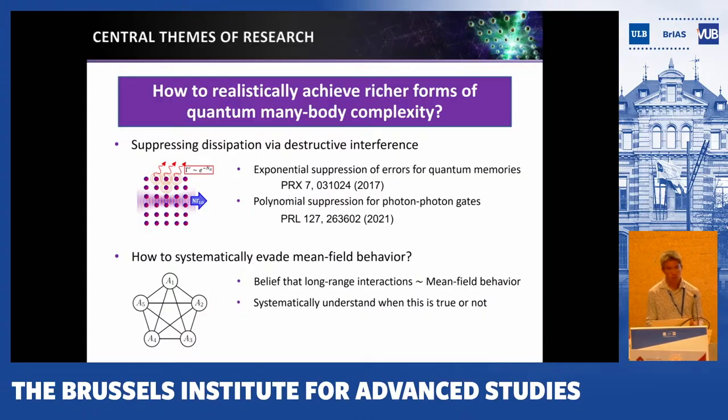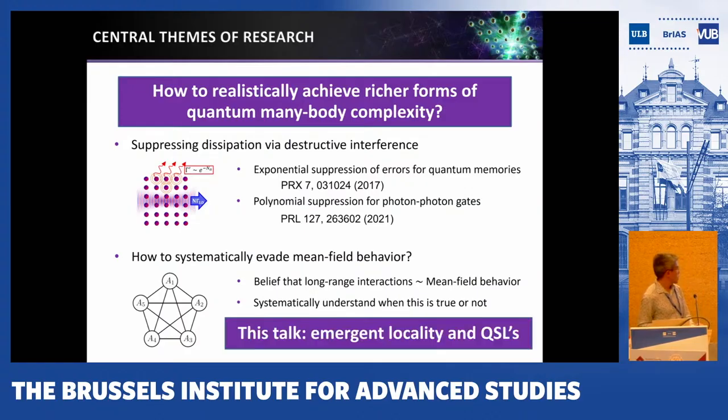So one thing that we've tried to do a lot in the group is to systematically understand when that's true and when it's not. Are there parameter regimes where I can prove that something is going to be mean fieldish? And what does mean field actually mean in a precise way? And conversely, are there systematic paradigms we can find, even though we have long-range interactions, for us to evade mean field behavior and thereby hopefully get something that's more complex?